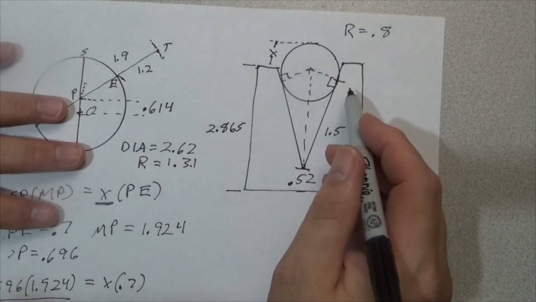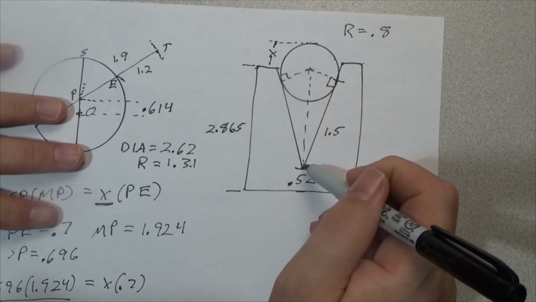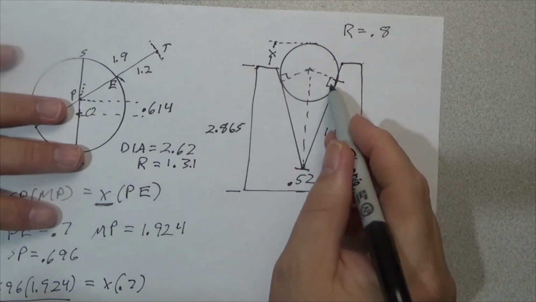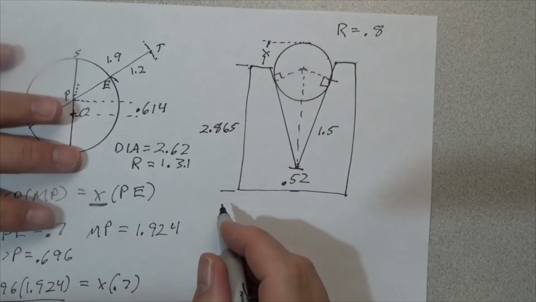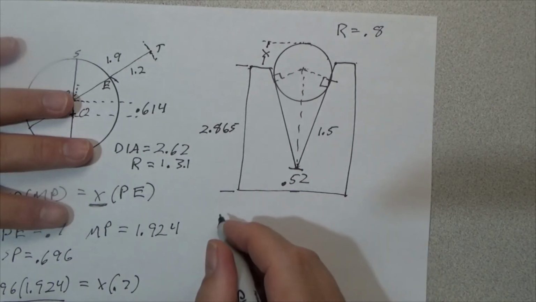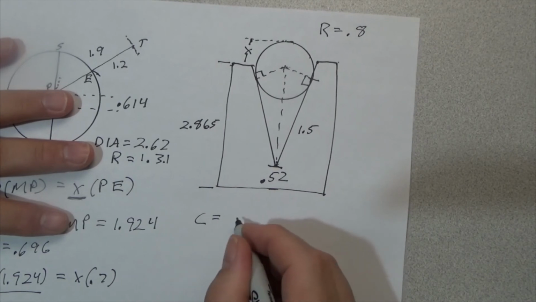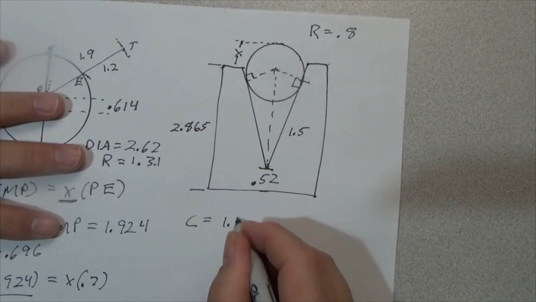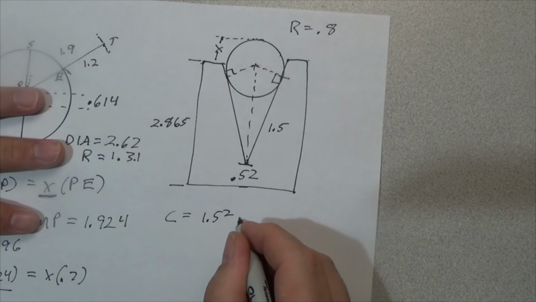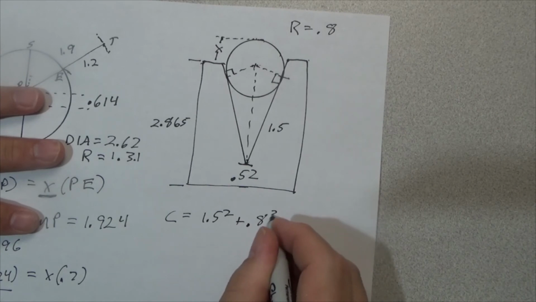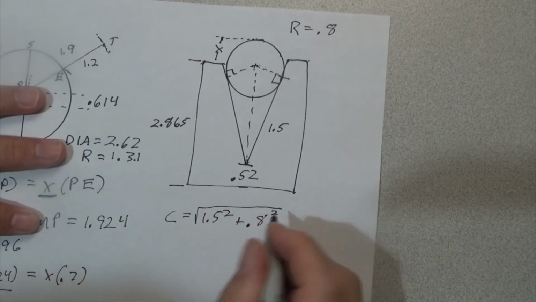So I use the Pythagorean theorem. This is the hypotenuse because it's opposite to 90. So hypotenuse, we'll call that side C. Side C is equal to 1.5 squared plus 0.8 squared, and then the square root of the whole thing.